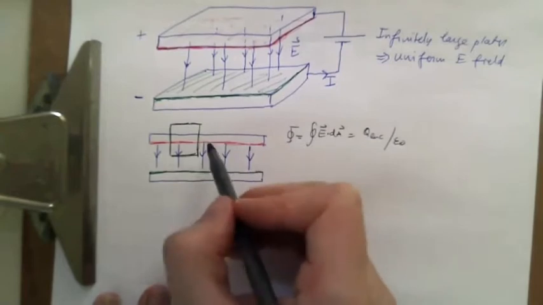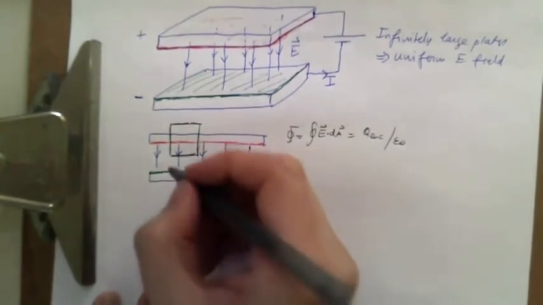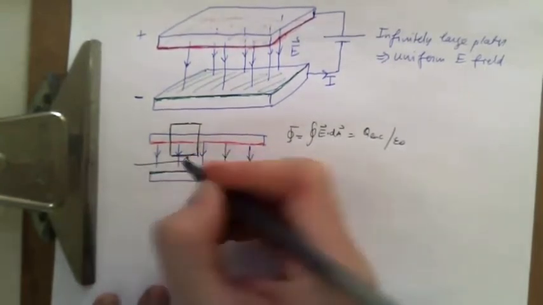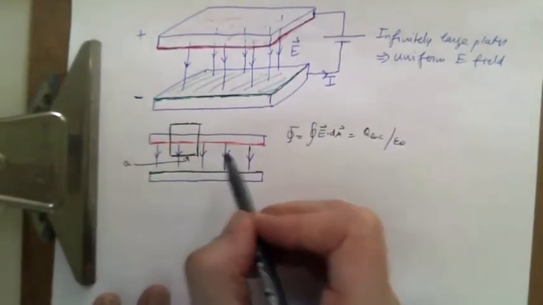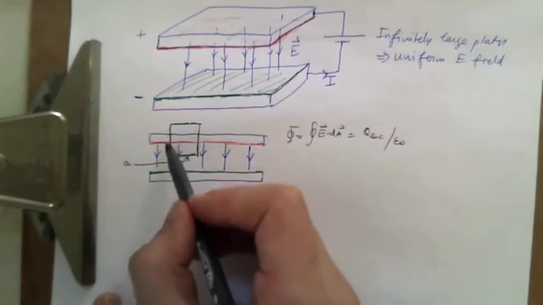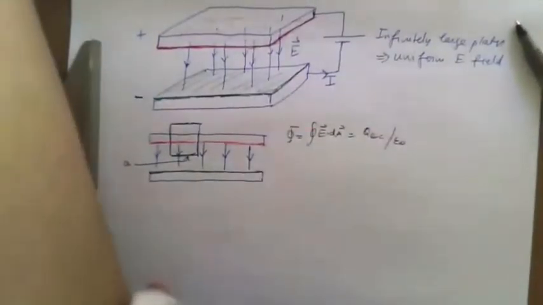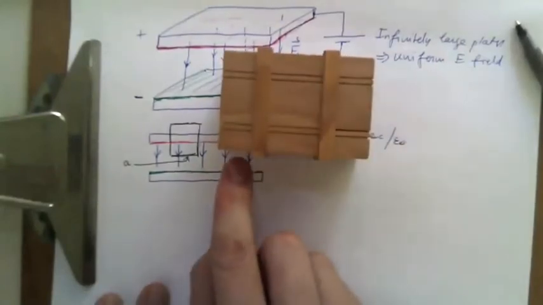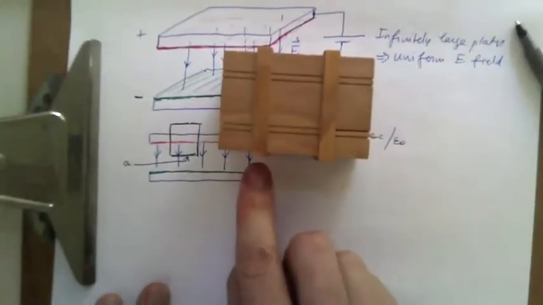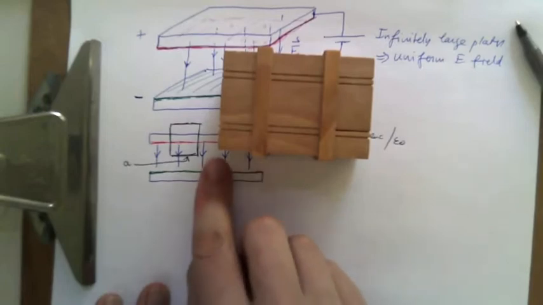So in this case, the E field is the E field on this side. Let's call this little surface A. That's the only part that contributes to the flux, because this surface and this surface, let me get my box again, same thing we were doing before. The surface on the bottom here is the only thing that contributes to the flux, because there the normal is in the same direction as the electric field.